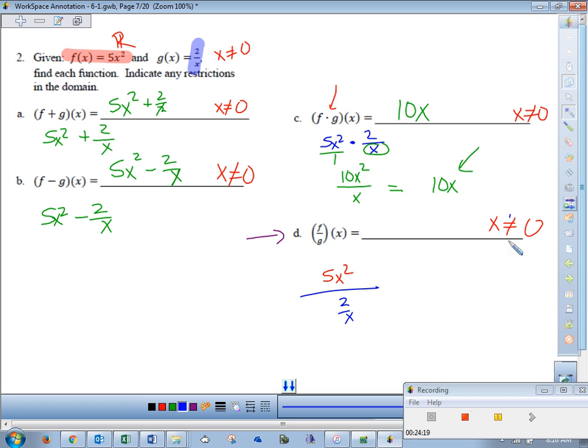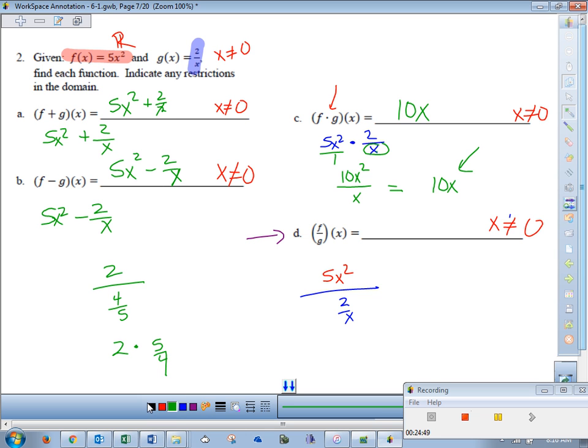Same restriction, right? x still can't equal 0. Totally improper right here. You can't have a fraction inside of a fraction. You've done this back in algebra, but definitely not enough. If you wanted to take 2 and divide it by like 4/5, you instead took 2 and multiplied it by something else to make it actually work out. What do you do to that thing? Multiply by the reciprocal instead.